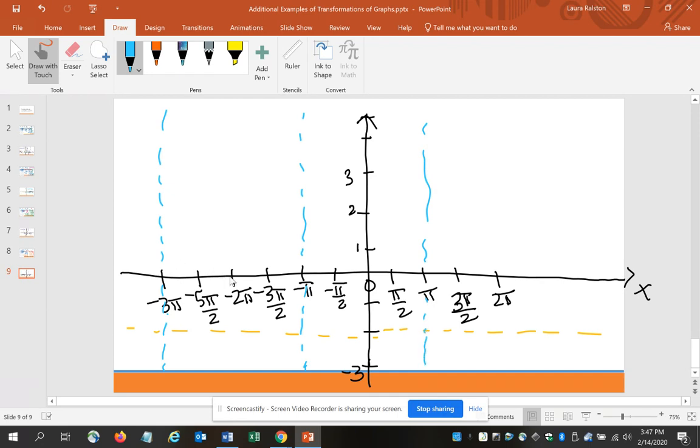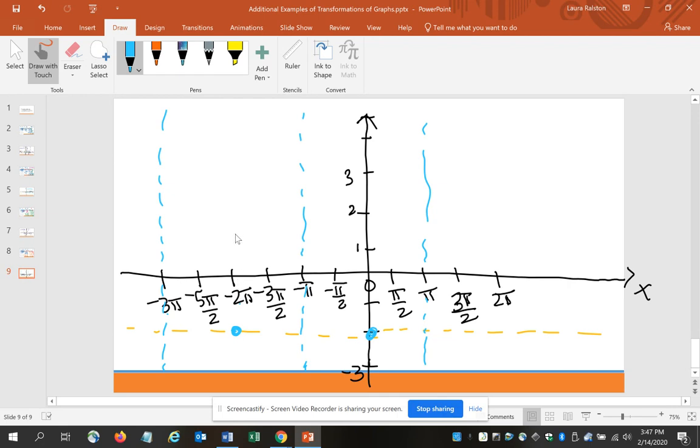Okay, at the halfway point, we're normally at 0, but we have to shift down 2. And then I have to change the amplitude to 3, but I also have to reflect it. So normally on the left, we would go down 3. But because we are reflecting it, I've got to go up 3 from the 0 line.